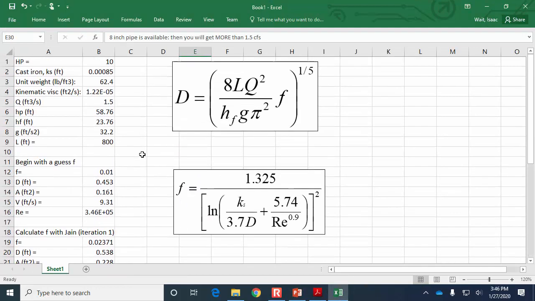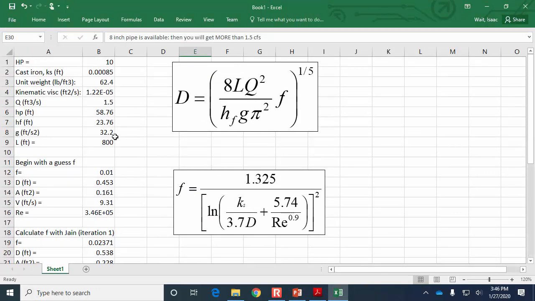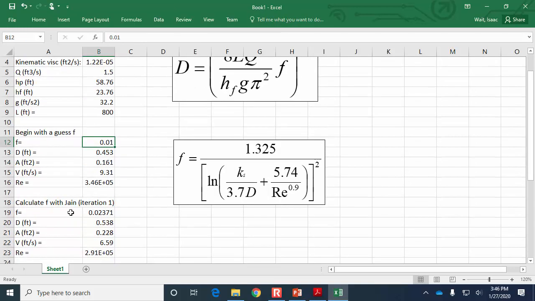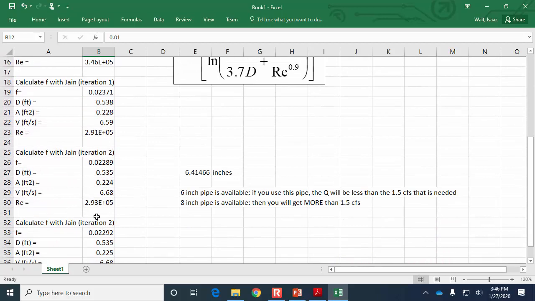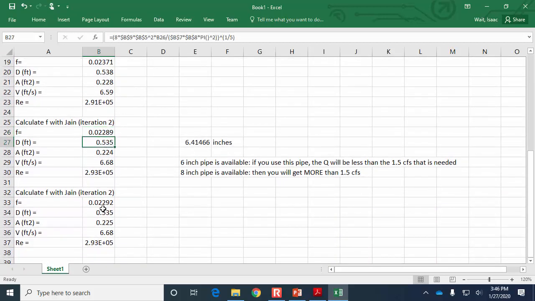And then our iteration process was with all of these constants, we don't know the F value, so we have to start with a guess. And we just kept iterating over and over until the F value wasn't changing anymore and until the diameter wasn't changing anymore. We kept solving until we found out the pipe size that's required.